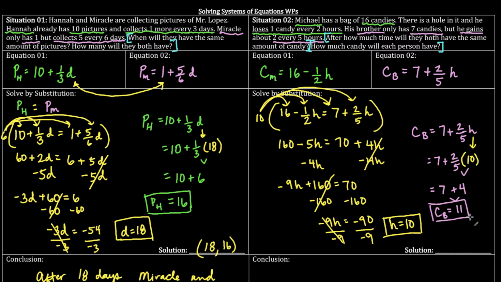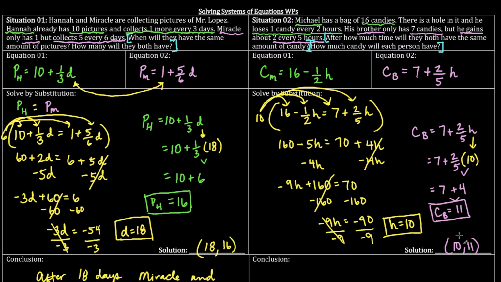All right, but remember, after 10 hours, both of them have the same amount of candies. So if the brother has 11, Michael has 11. So my solution is 10, comma 11.